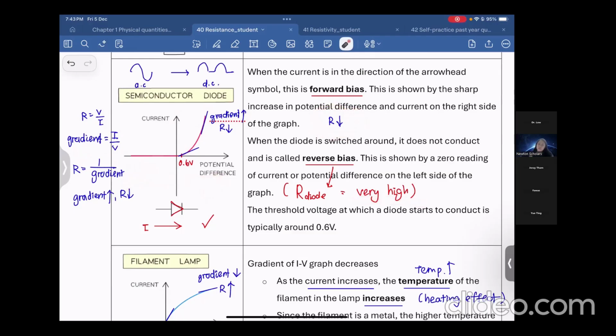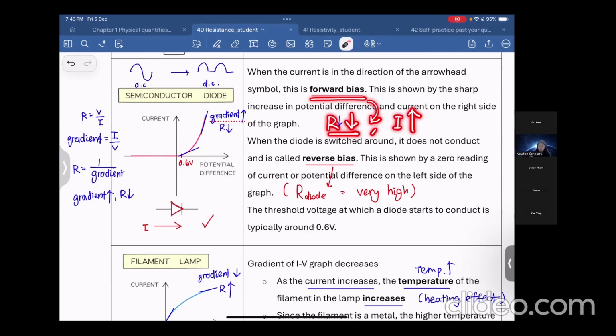For this kind of shape, please don't ask, teacher, can I just memorize? This is not a good way to study physics. We should understand, then interpret the graph, instead of memorizing. When the diode is in forward bias, it allows current to flow, meaning resistance is low.